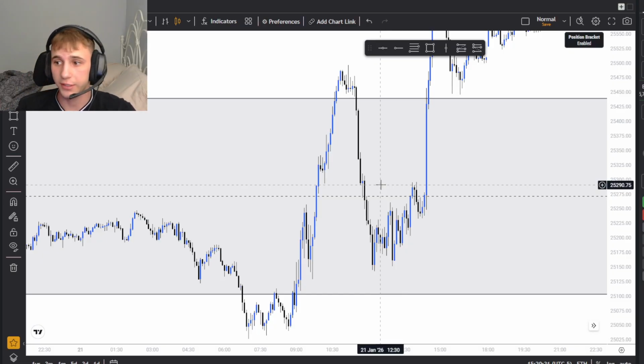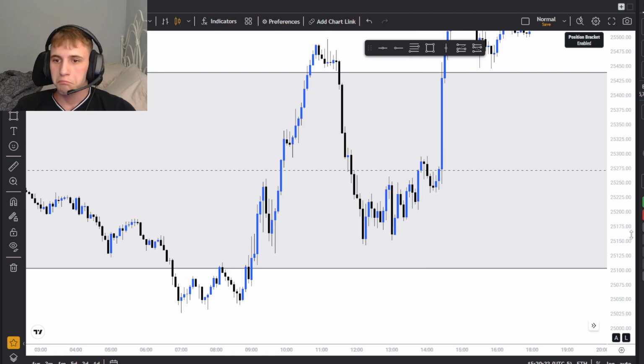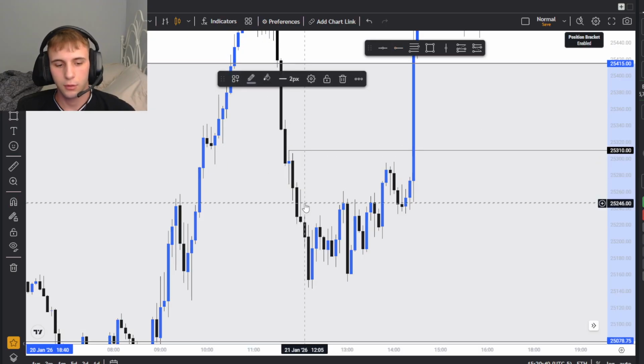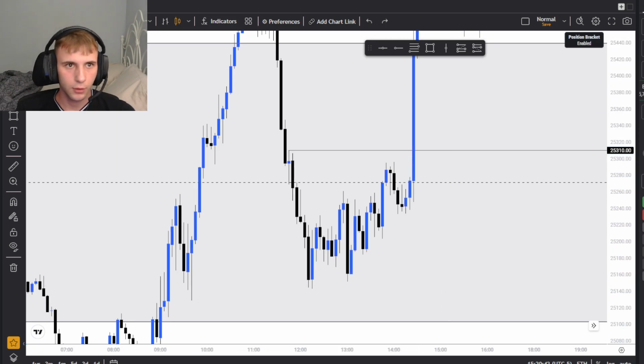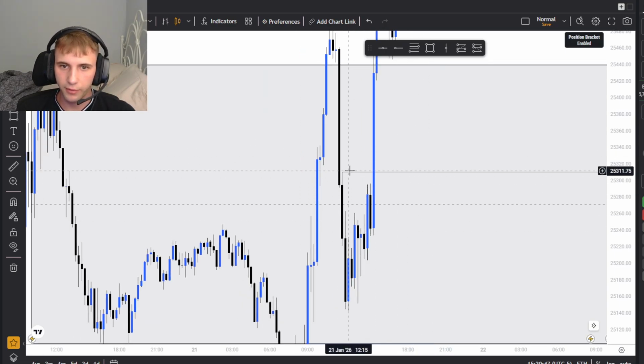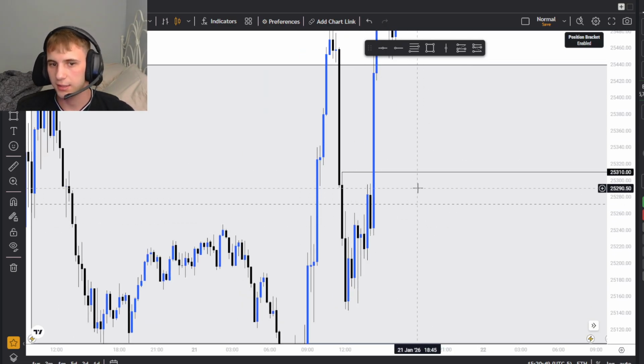So we're on the 5-minute time frame. As we can see over here, we have a high, right? But here's the thing. If we go up on the 15-minute time frame or any other time frame above that, that high doesn't exist.